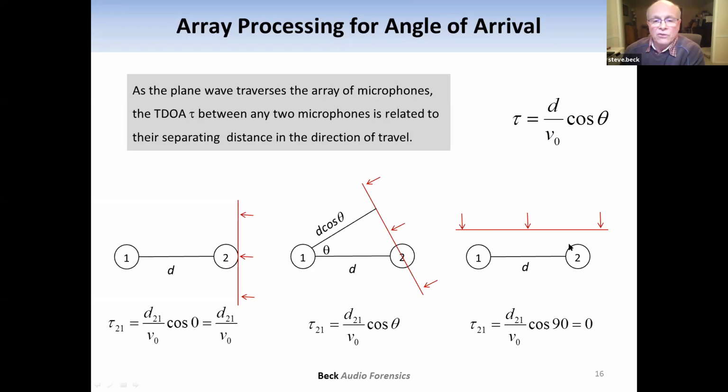I've got a couple of examples here, and you're really looking for this theta and this cosine theta. The distance between any pair of microphones and the speed of sound and cosine theta will give you your measured time difference. Okay, and that's the thing that you get off your data.